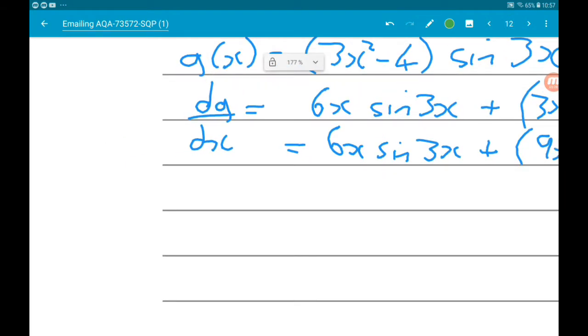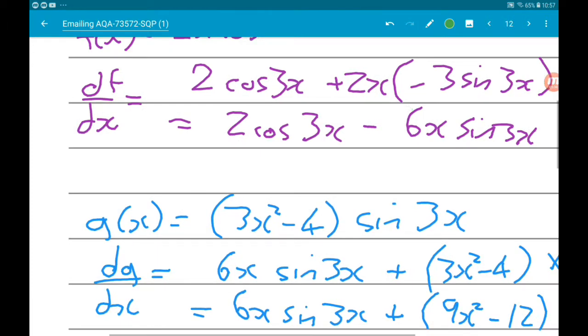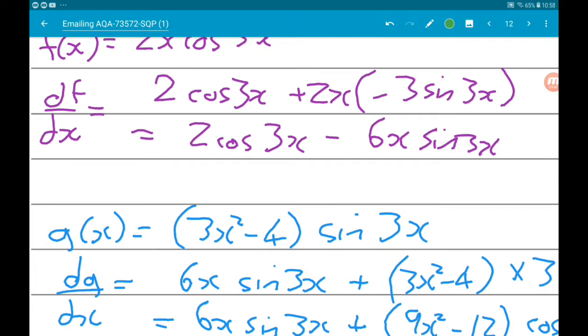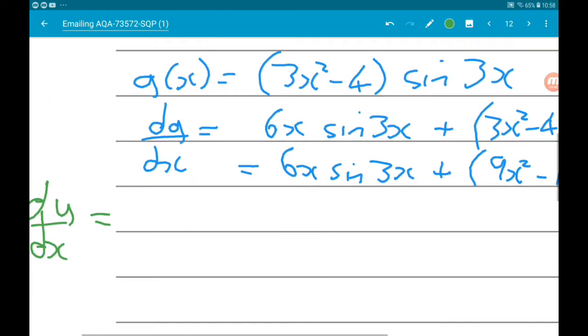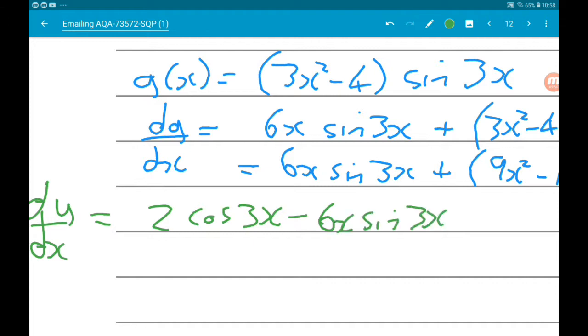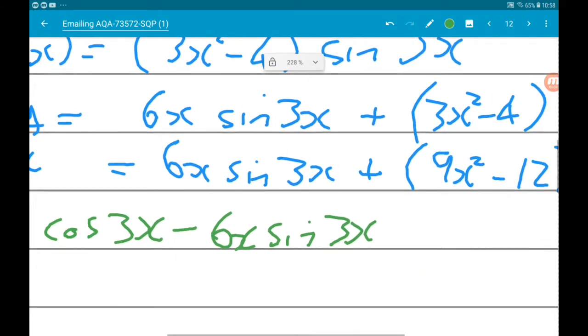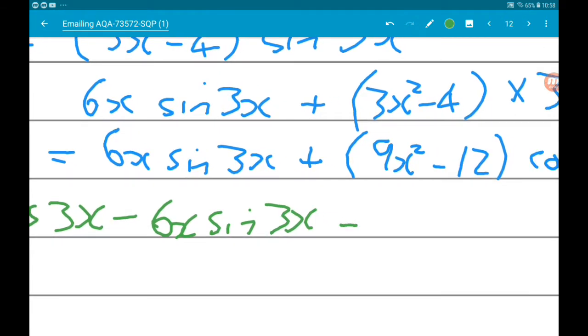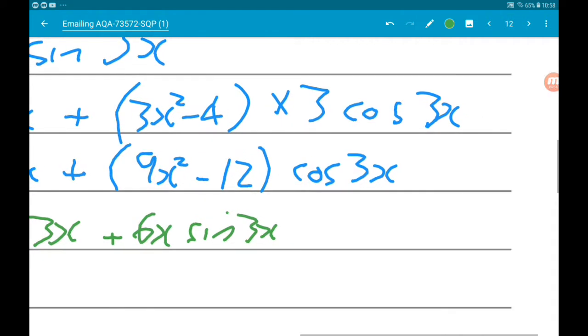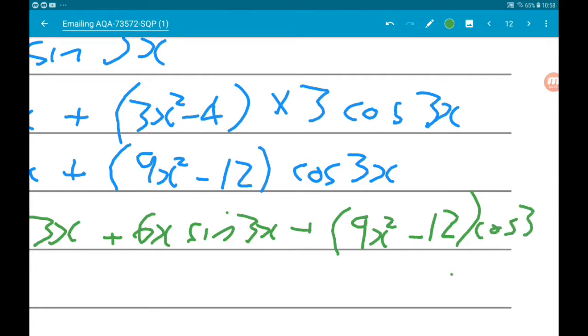So dy by dx is 2 cos 3x minus 6x sine of 3x, and 6x sine of 3x, and 9x squared minus 12 cos of 3x.